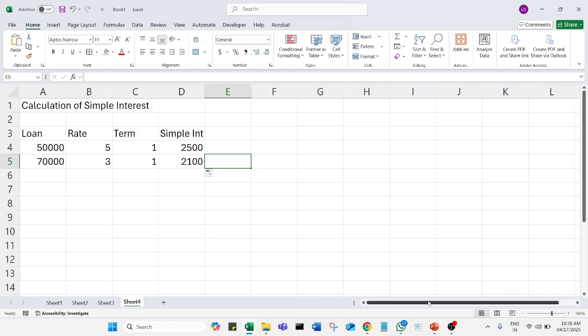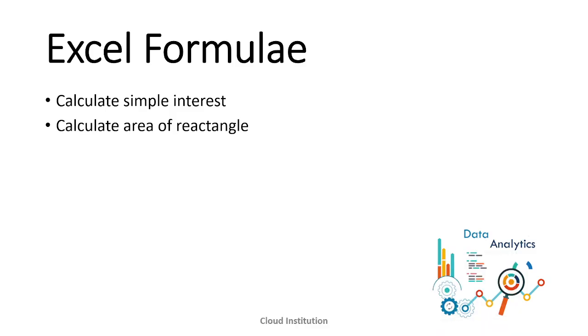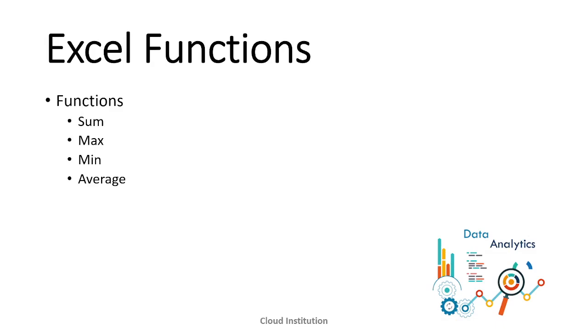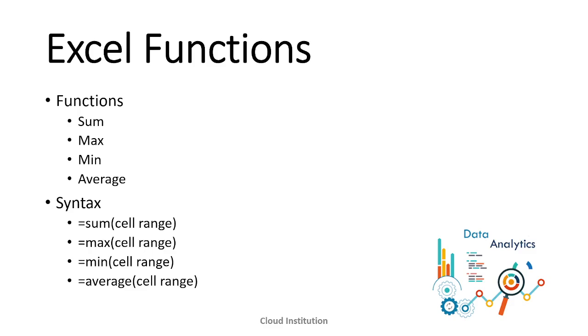Okay, now let's go to the next one, where we are going to understand Excel functions in more detail. The functions can be the sum function, max, minimum, average, and each function has its own syntax. Now what is the meaning of syntax? Syntax means how the function actually operates.